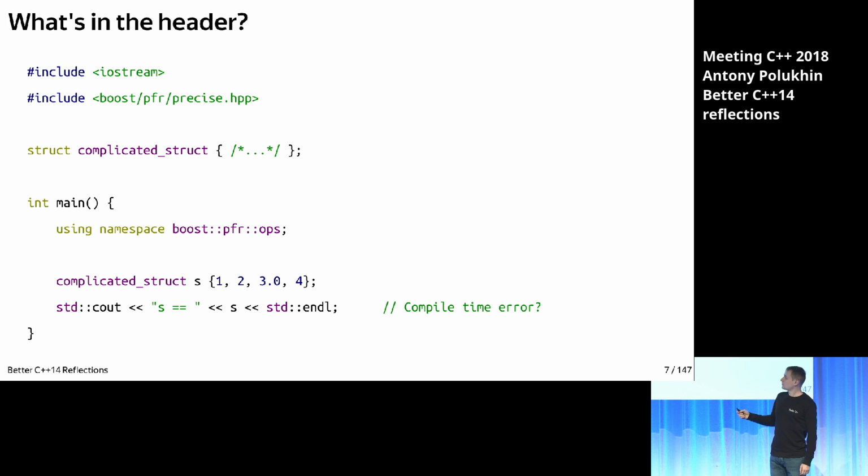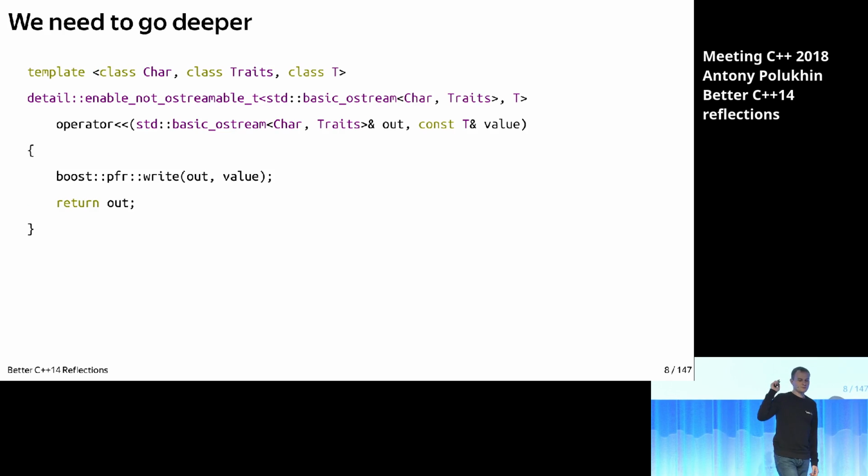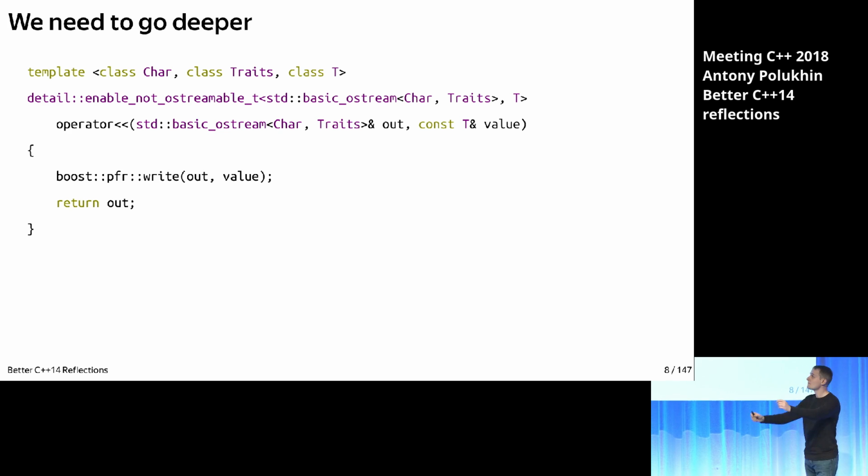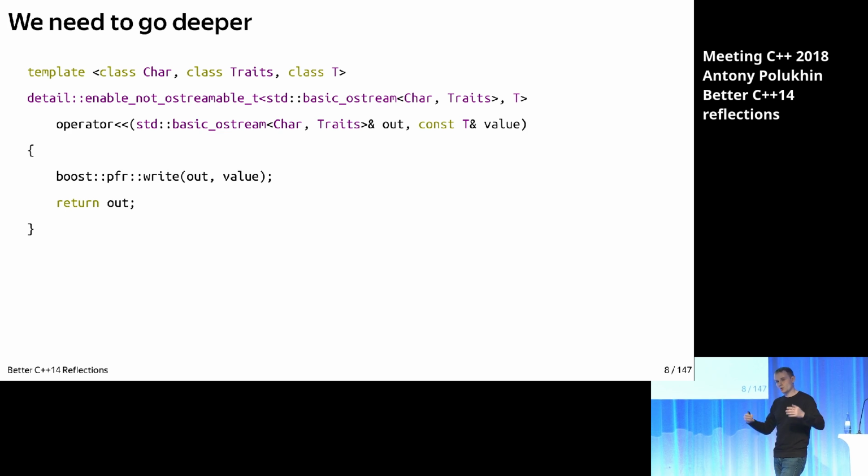So, how is that possible? Where is that ostream operator? Well, we definitely don't have the right one in the iostream header, and we don't have one in this source file. So it's somewhere in the Boost PFR library. And here it is. The interesting thing here is that it accepts any type, any user-provided type.